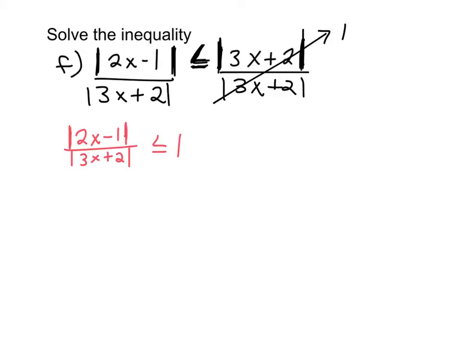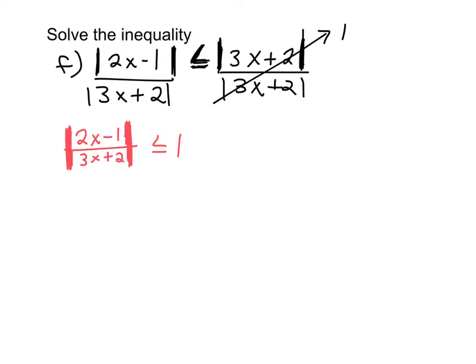Even if the bottom half is negative, and we have a positive divided by a negative, the whole thing will be negative, but then the absolute values take care of the negative, right? So it really doesn't matter whether I have the absolute value of what's on the top and the absolute value of what's on the bottom, or just the absolute value of the whole fraction, okay? So I can just rewrite this as the absolute value of the fraction.